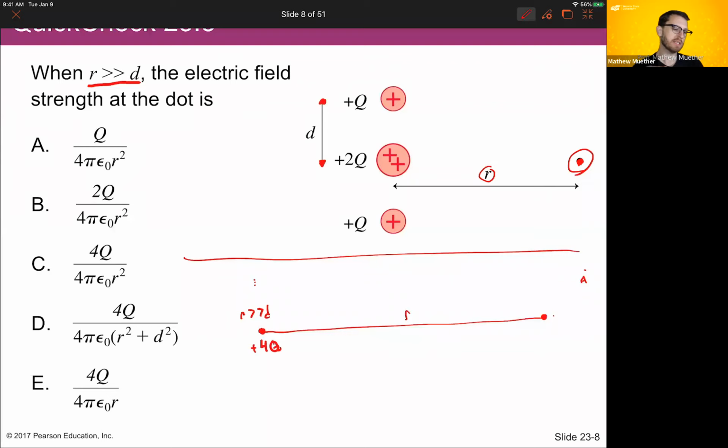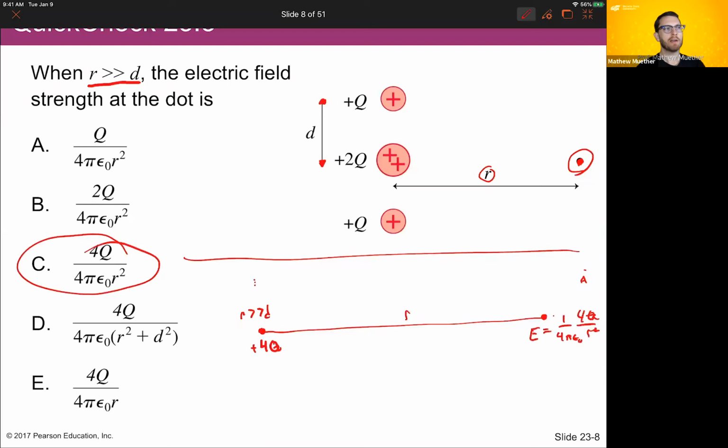And so if I just had 4 units of charge sitting at a single position, I know the electric field would have 1 over 4 pi epsilon naught times 4 Q divided by r squared worth of electric field, answer C here.